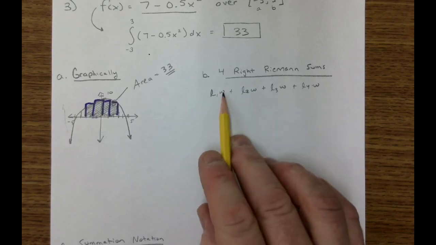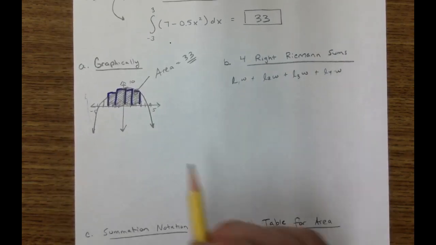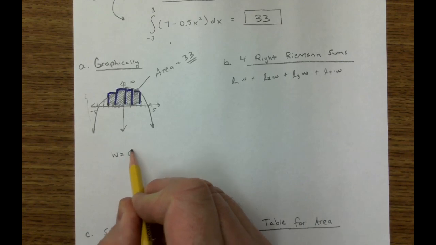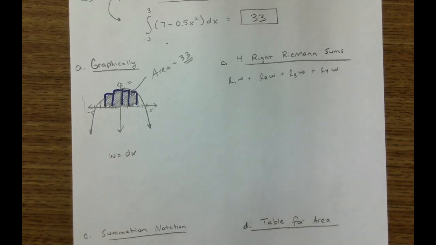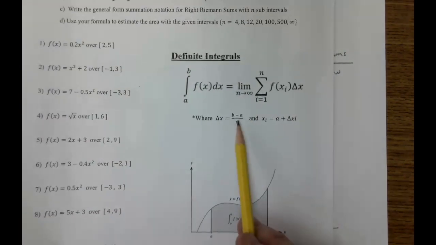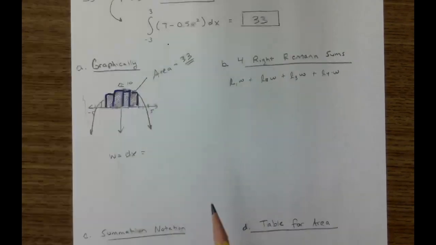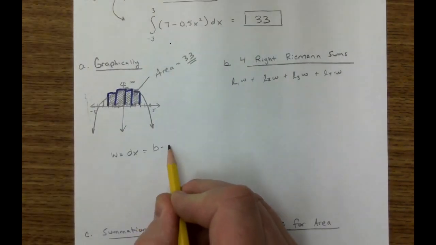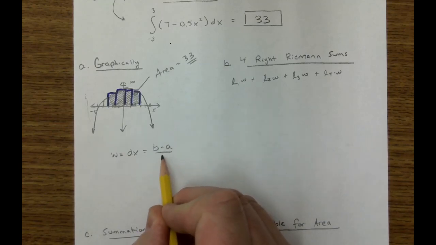Well, what is the width of this rectangle? Well, the width of a rectangle is another name for dx. And if you look on your paper, right down here, it tells you how to find dx. You take b minus a divided by the number of rectangles you have.